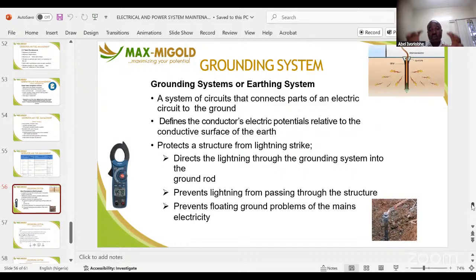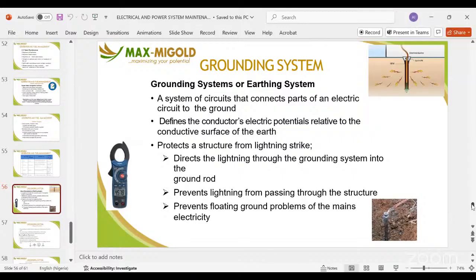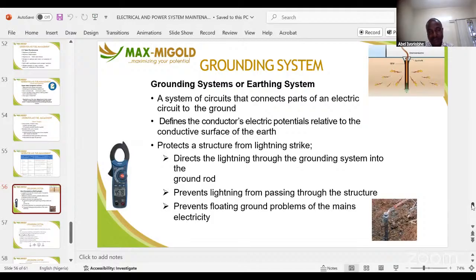It helps to soften that environment, so that as fault current is coming, it's able to penetrate the earth and make that place a zero level. That's the way we can maintain our earth system. So what's the importance of earth in the building? It helps to reduce electricity cost.